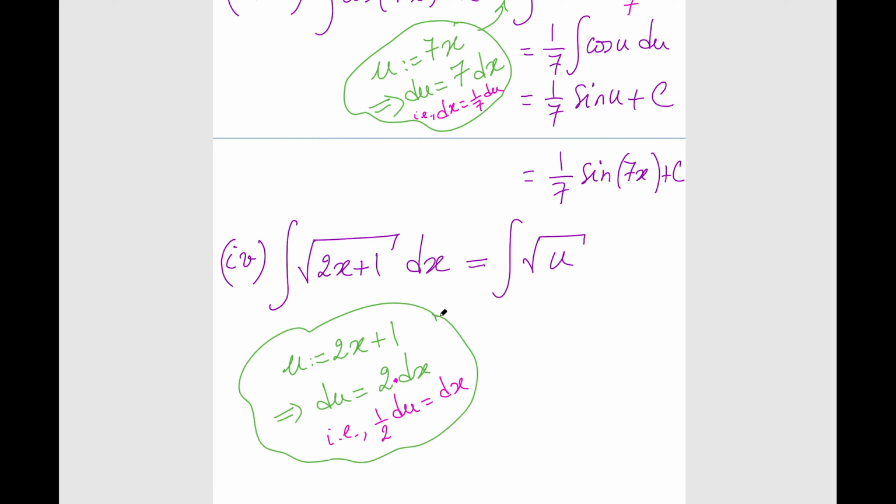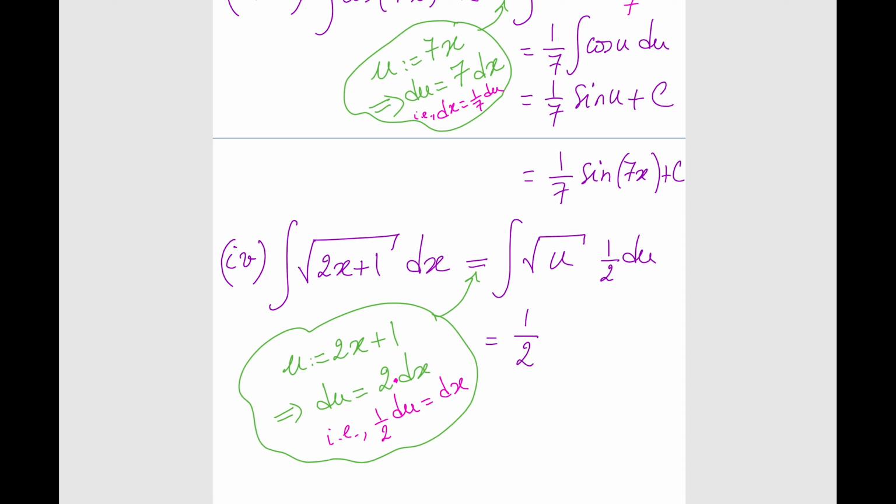So what we get is instead of dx, I can write half du. Right? Because I don't want to write anything here in terms of x anymore. It's just in terms of u and its differential. This is why we're getting rid of this dx to write it in terms of u and its differential. And the way it turned out to be, this is half du.